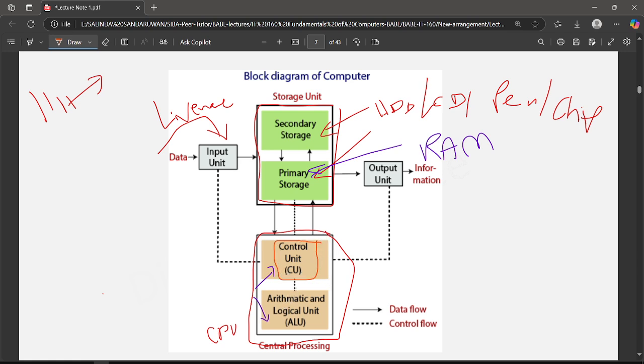But the arithmetic logic unit, as the name suggests, handles the logical part. If you need to do some mathematical calculation, it will use the ALU in the CPU. Hope you understood. Any questions from your end?